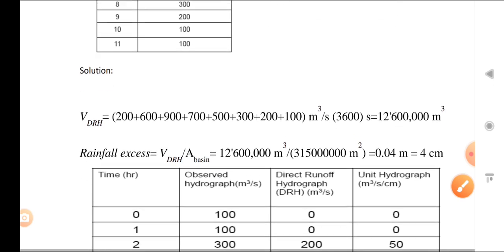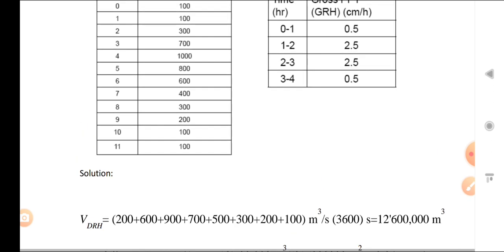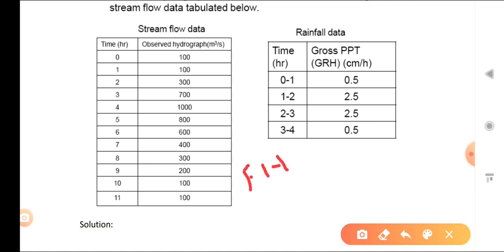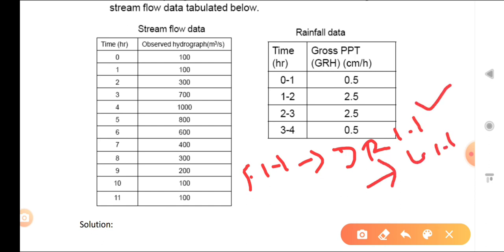So now you have to make the columns. Flood hydrograph is given, and you have to find the unit hydrograph. So first we go from flood hydrograph to DRH, and then from DRH to unit hydrograph. How do we go to DRH? We subtract the base flow from the flood hydrograph.